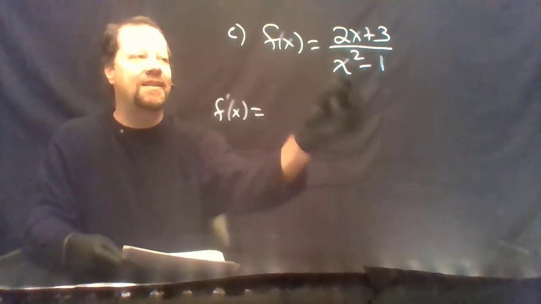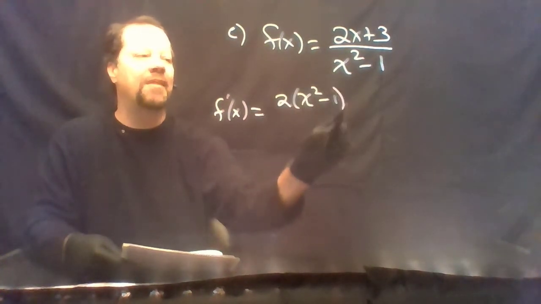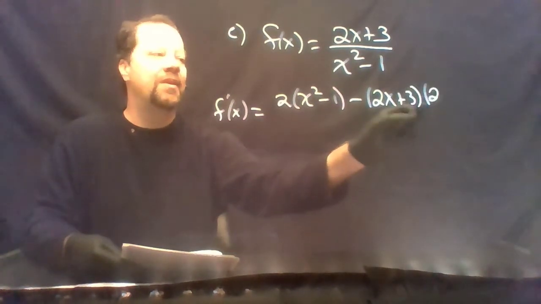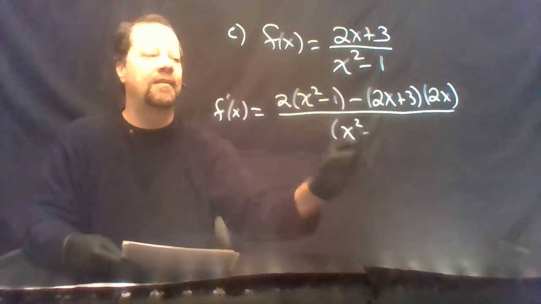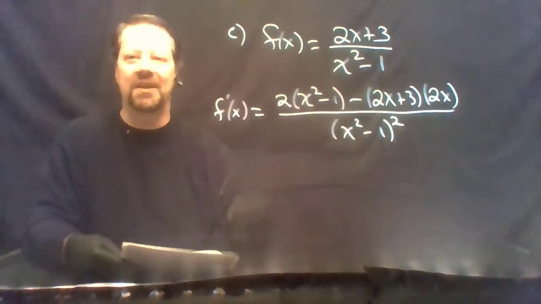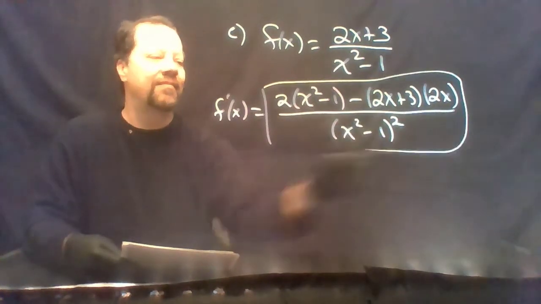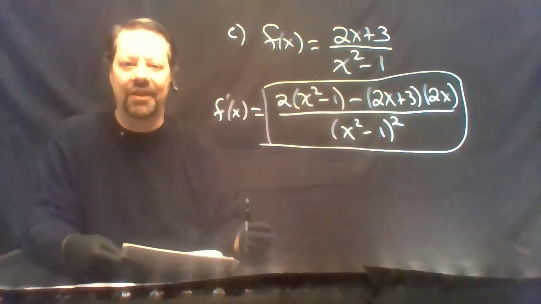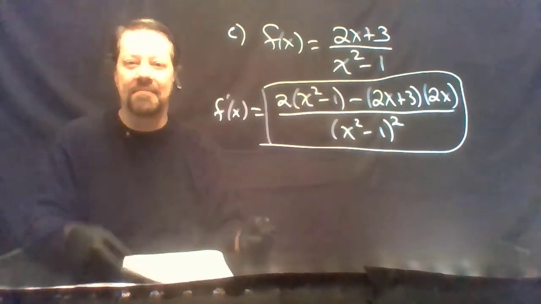F prime of x is the derivative of the top times the bottom minus the top times the derivative of the bottom divided by the bottom squared. Drop it here. That's it. Do not simplify. I'll assume that you know the algebra necessary to simplify these. I'm testing you over the calculus.